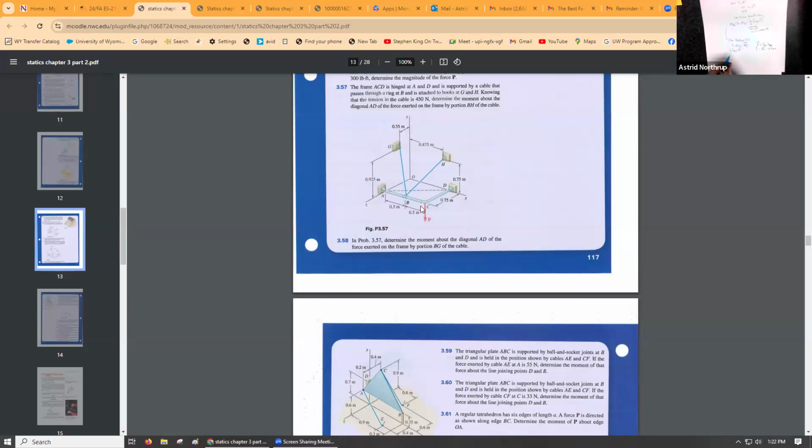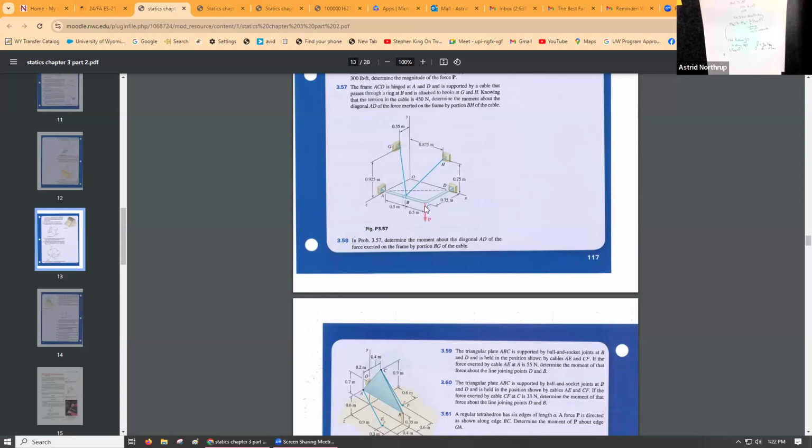Looking at our lambda along AD, let's find our vector AD first of all. Oh, wait a second. Yeah, that's not going to work because that doesn't coincide. I was thinking that the diagonal was here at B, but it's not. So I need to have something that passes through both.